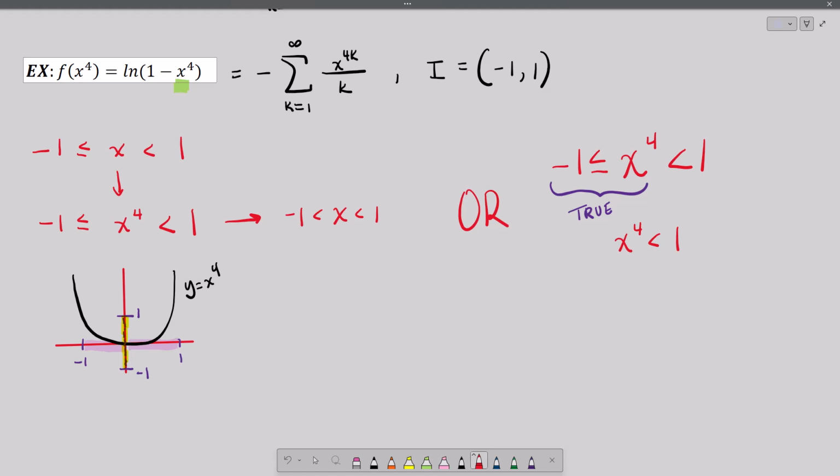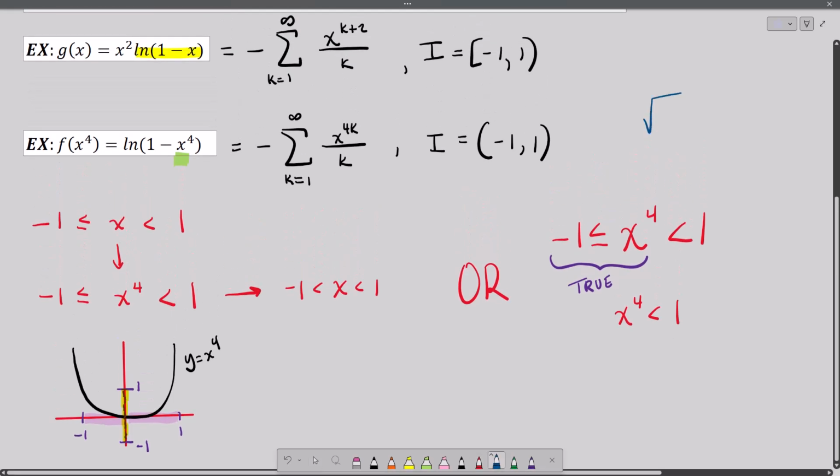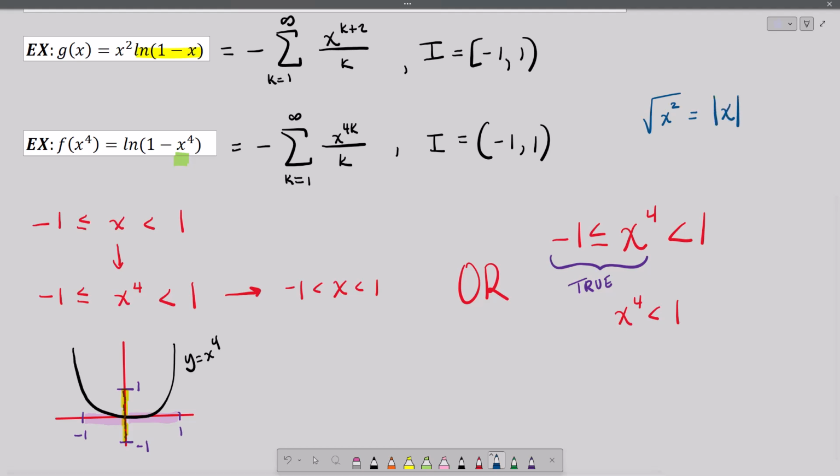Now, what is the square root of x squared? x. Close. The square root of x squared is the absolute value of x, because x could be negative or positive. Do we all agree with that?